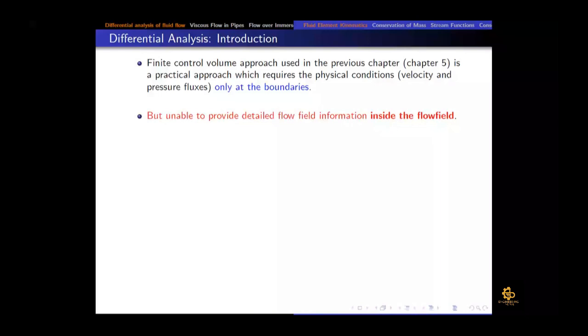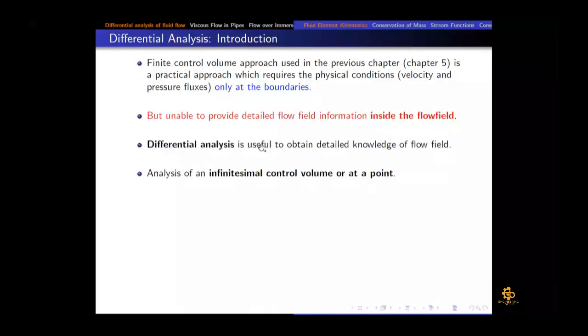So differential analysis is usually used to obtain detailed knowledge of the flow field. How do we determine the detailed knowledge of the flow field? By solving the Navier-Stokes equations inside the flow field. This differential analysis is done on an infinitesimal volume, and then we extend it to the whole flow field.